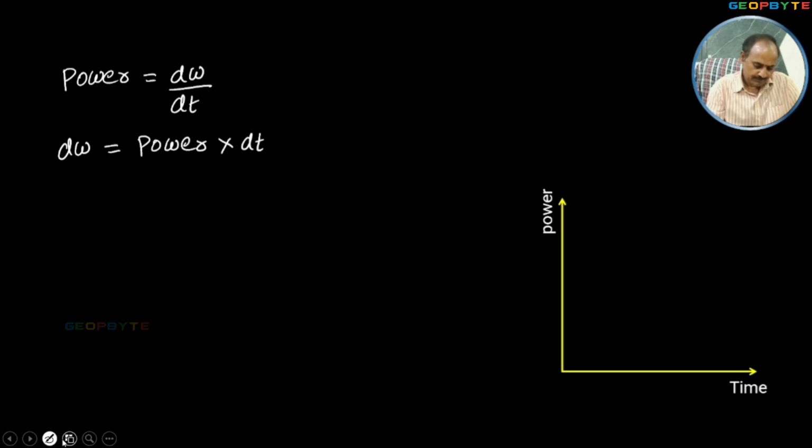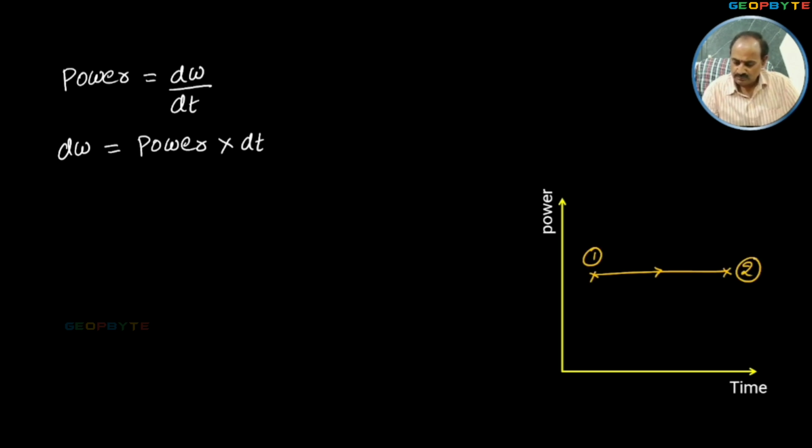Therefore, if I draw the power versus time graph like this, the area below this graph is representing the work.